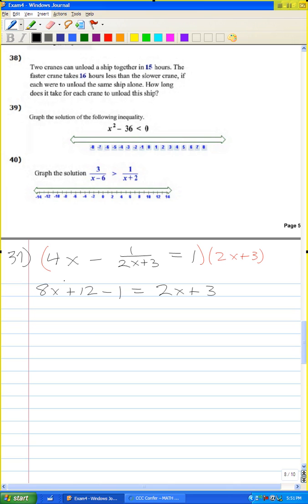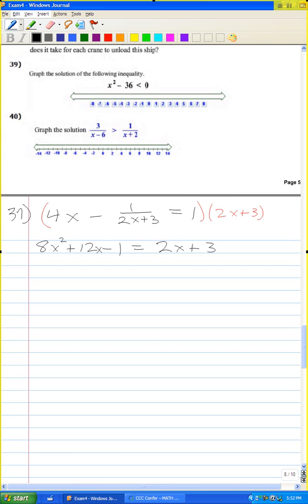Oh, wait. It was 4x, not 4. So 4x times 2x plus 3 is 8x squared plus 12x. Let me subtract 2x, 3 from both sides of my equation.